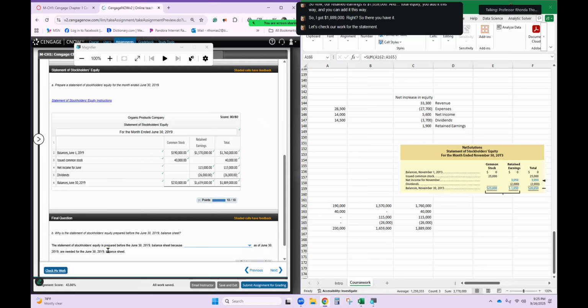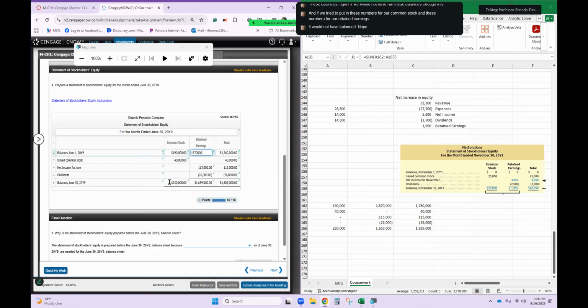And then the last question here: why is the statement of stockholders' equity prepared before the June 30th balance sheet? So these numbers here, these balances, right? If we would not have run these balances through this, and if we tried to put in these numbers for our common stock and these numbers for our retained earnings, it would not have balanced. Nope.